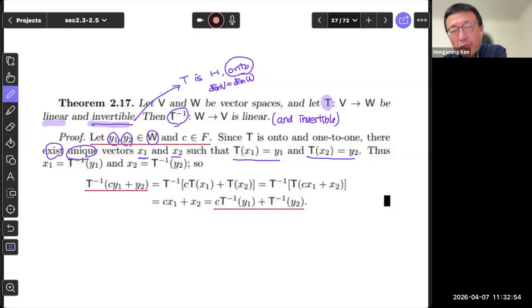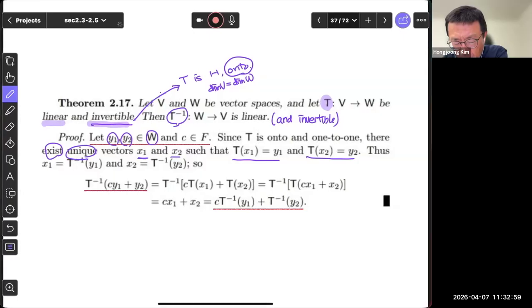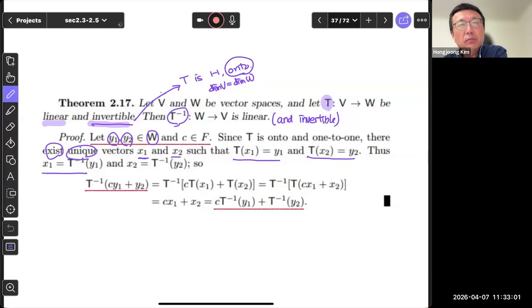Then since T of x1 is y1, T inverse will map y1 back to x1, and y2 will be mapped to x2. Now, if I consider T inverse of c y1 plus y2, then since y1 is T of x1 and y2 is T of x2, we have this.